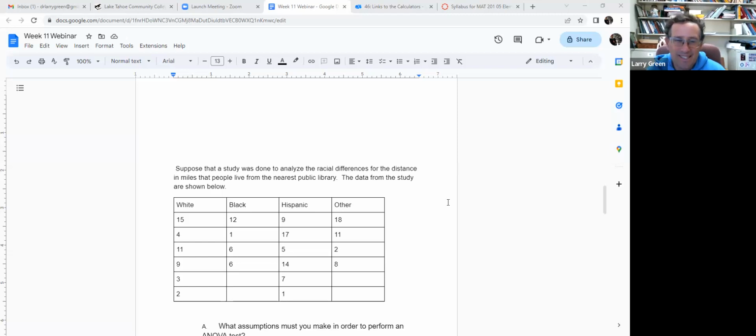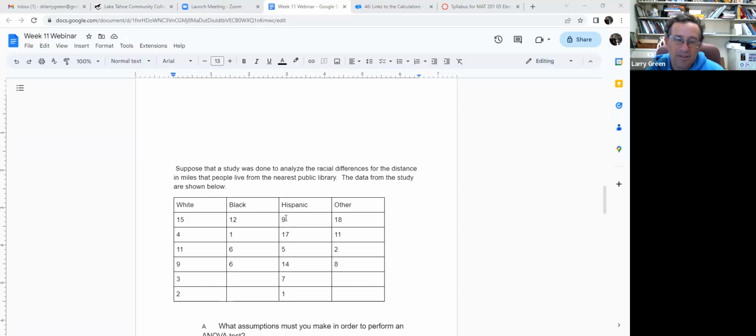So the idea is you can suppose that a study was done and they asked some white people, some Black people, some Hispanic people, and some others. And they asked, how far do you live from the public library? You probably ask 2 questions, and what is your race, so that you know what category to put the person in. And these numbers just tell you how far.